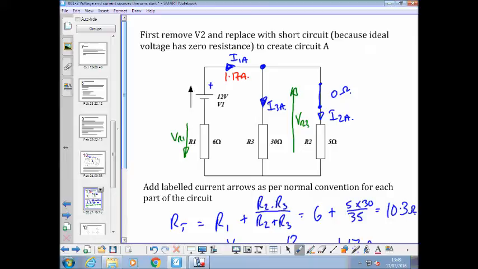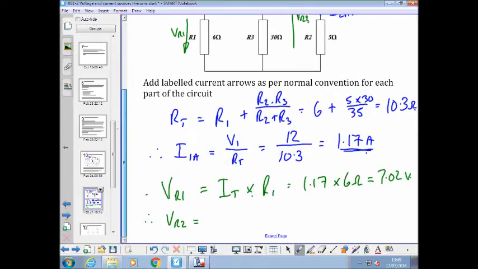Kirchhoff's voltage law. So VR2 is equal to V1 minus VR1. 12 minus 7.02 equals 4.98 volts.